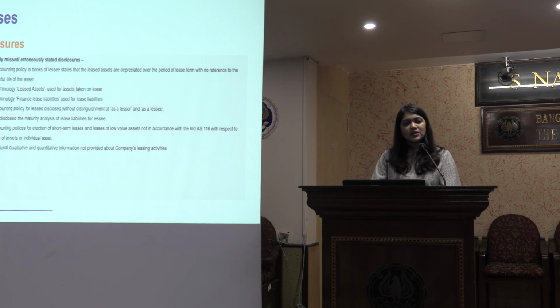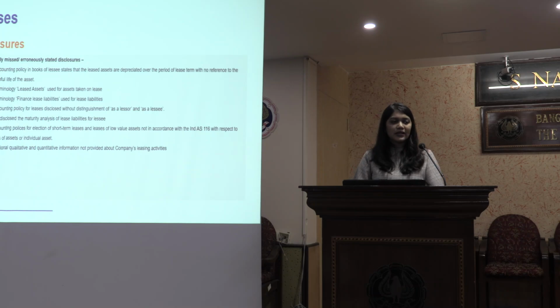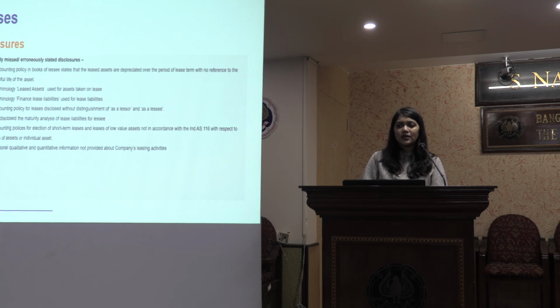Maturity analysis of lease liabilities, I think we talked about that earlier, that how do we show the undiscounted cash flows from a lease in the maturity analysis. Then the accounting policy for short-term leases and low-value asset leases needs to be disclosed. So short-term leases, very easily, any lease which is less than 12 months is classified as short-term lease.